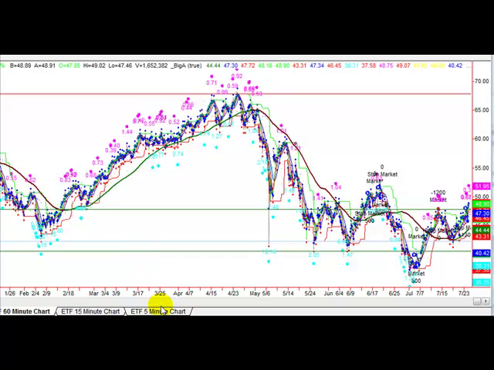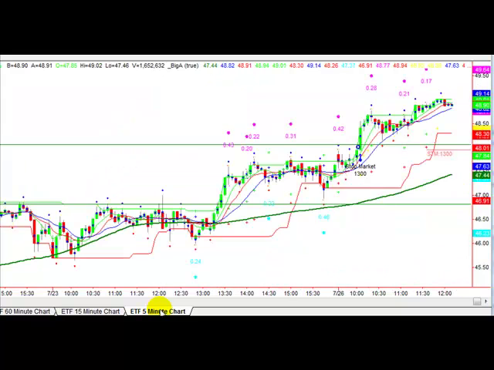The other good news is that if I go back to the 5-minute chart, you can see that price has retraced a few times, therefore creating bottom fractals. 1, 2, 3 bottom fractals here.